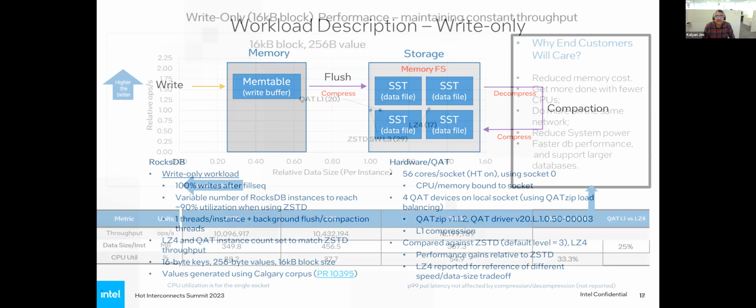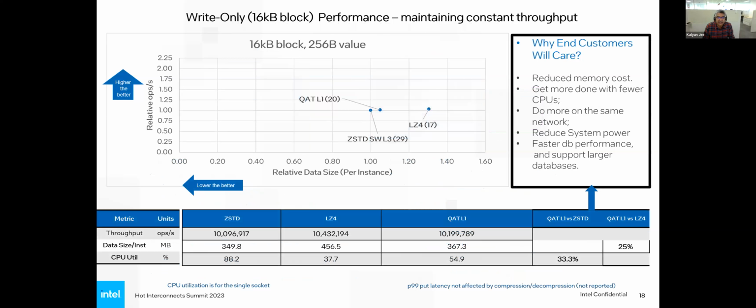So in the next slide, we'll see what kind of gain we can see in this case. To make this slide very simple, we decided to maintain a constant throughput so that we don't put too many variables here. Throughput here is the operations per second for your database.